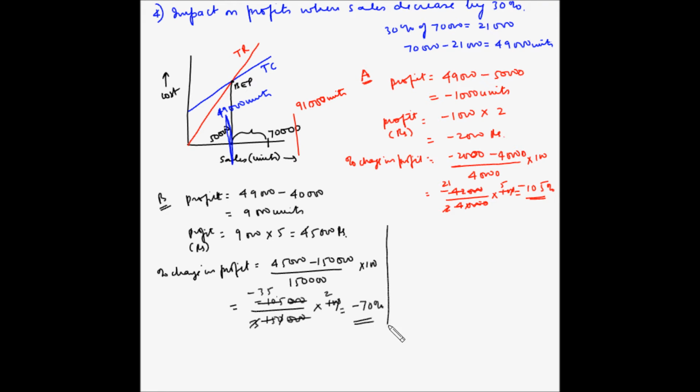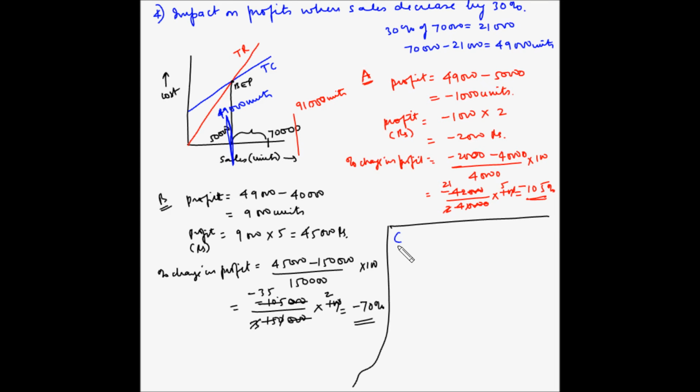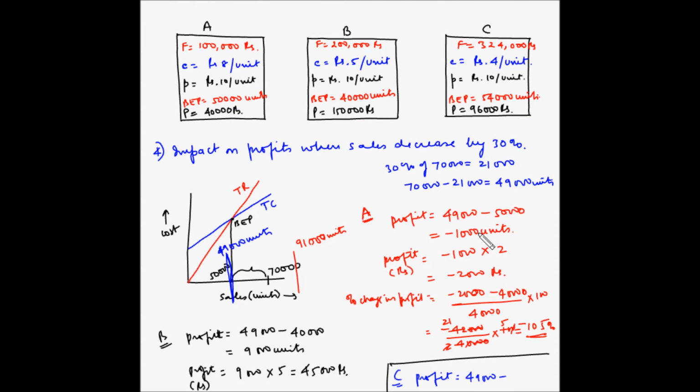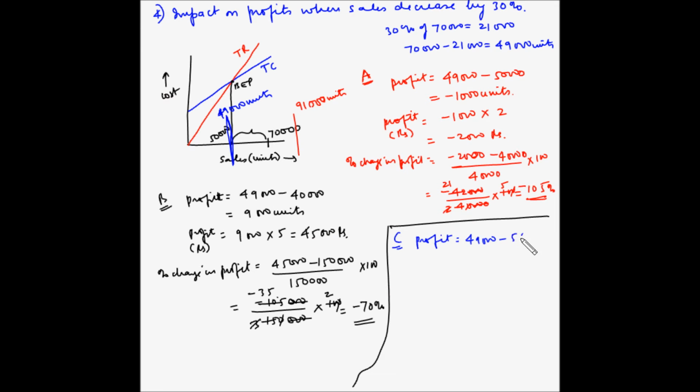And the next one is for firm C. So for C, the profit is the sales, which is 49,000 units, minus the break-even point, which is 54,000 units, is equal to minus 5,000 units.